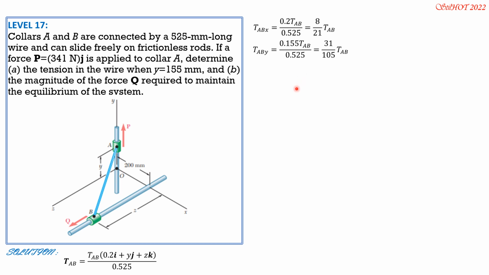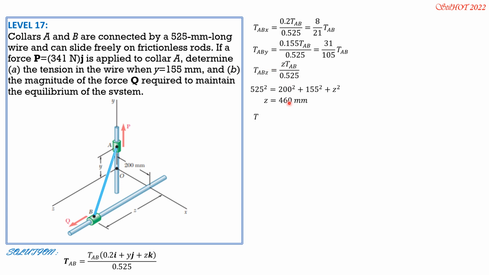And the Z component is Z tension AB over 0.525. But we can compute the value of Z because the length of the wire is given. So 525 square equals 200 square plus Y square 155 square plus Z square. So Z in mm is 460 mm.